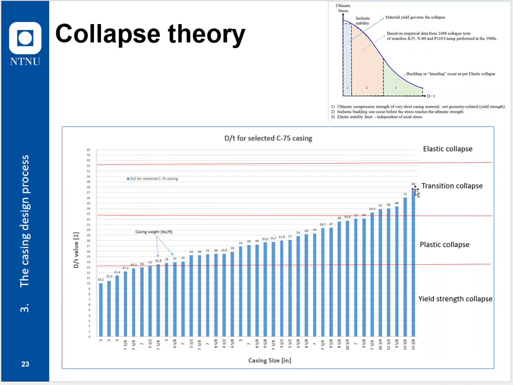Very common. You will see that a lot. 72 pound per foot too. When it comes to conductor pipe, they all go up here with a higher D/t value. So very common pipe, and yeah, these collapse modes are very common.